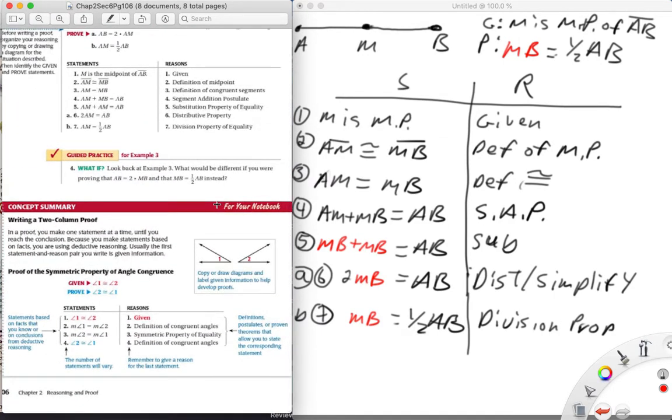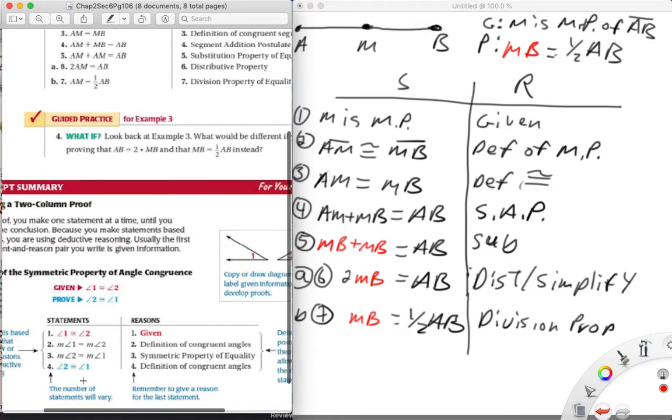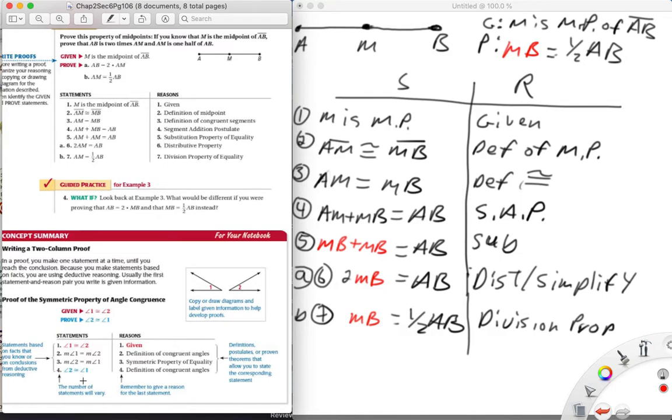Alright, so concept summary for writing a proof. 2-column proof. Statements are on your left. Reasoning is on your right. You can number the steps. Most proofs try to be efficient, so they try to get to the conclusion in the least amount of steps most of the time.